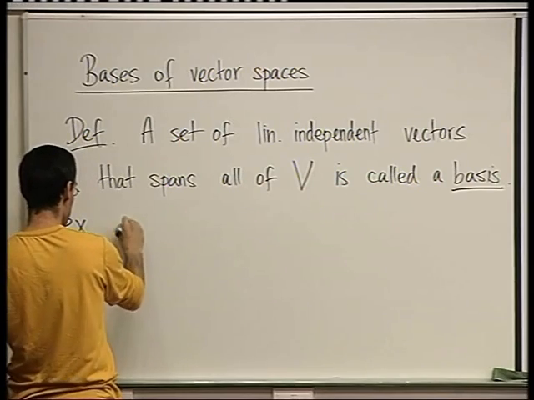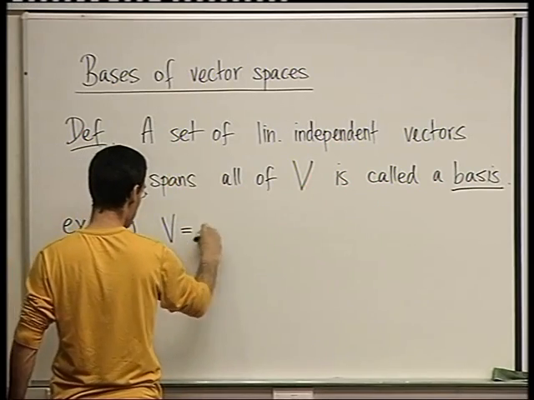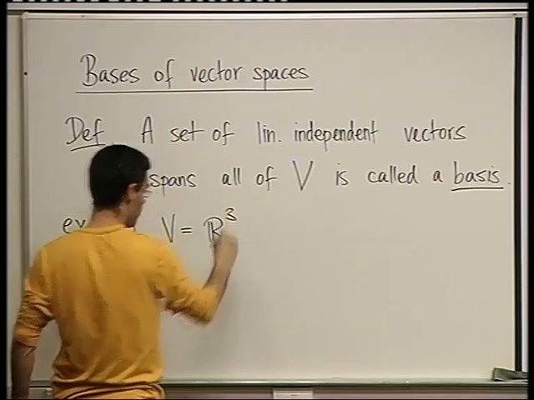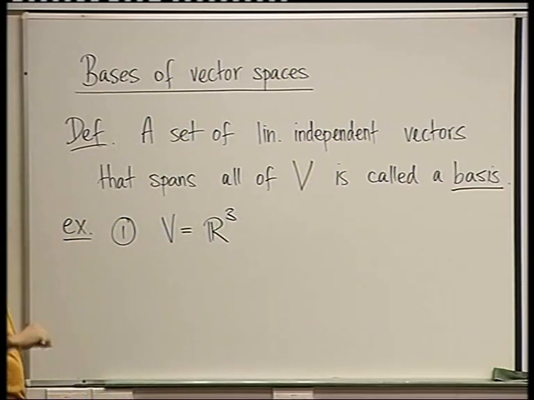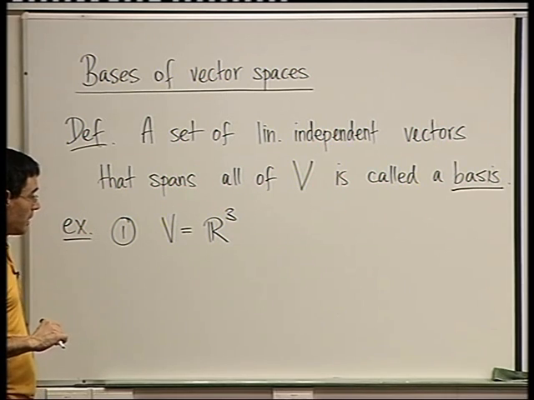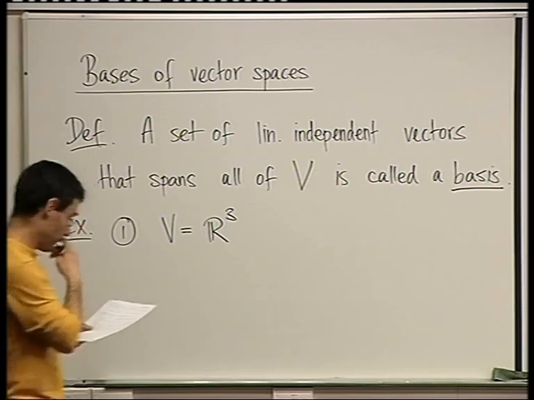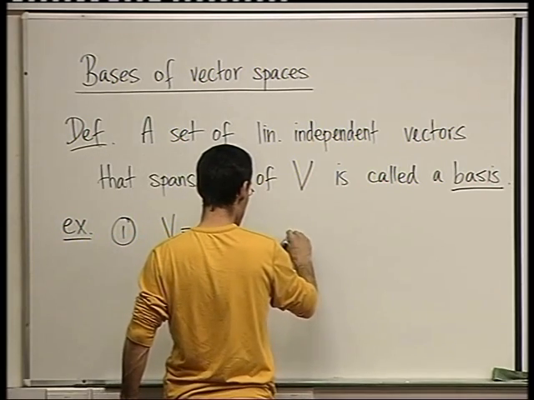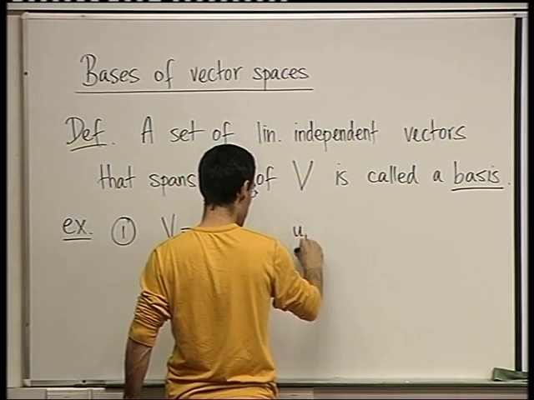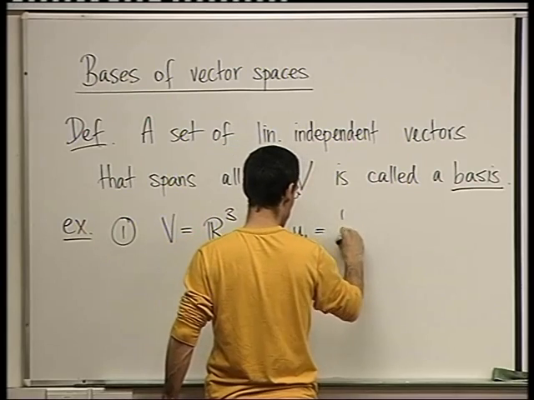Let's look, so example 1, let's take V to be R3. Vectors with 3 entries, let's think of them as column vectors with 3 entries of real numbers. Okay? So let's look at the set where U1 is going to be 1, 0, 0.